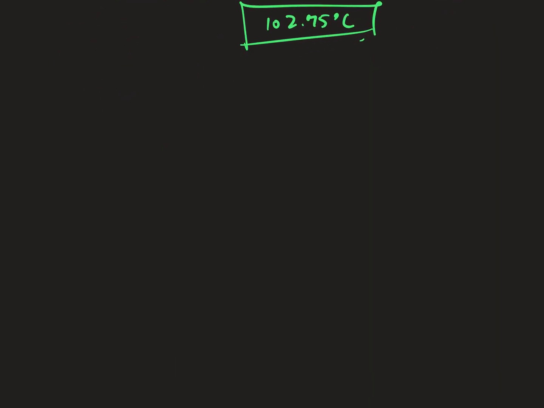If the boiling point of 1 liter of water is raised by 0.51 degrees Celsius for every mole of solute added. So this is 1 liter, so it's every mole per liter, right?